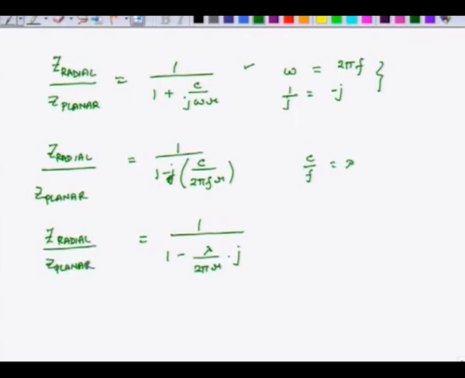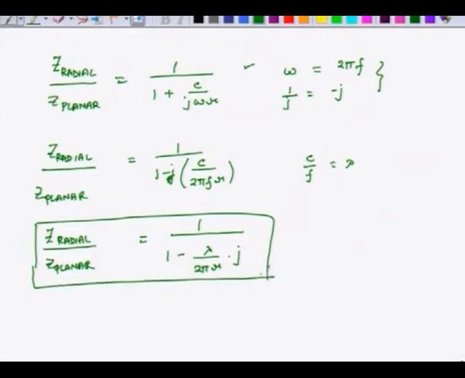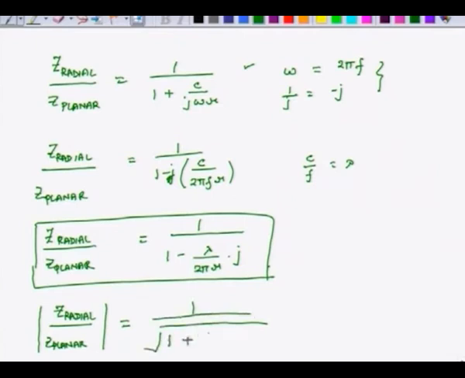And if I have to compute the magnitude of this ratio, that is the ratio of impedance of a radial wave and that of a planar wave, then the magnitude of z radial divided by z planar is equal to 1 over the square root of 1 plus lambda over 2 pi r, the whole thing squared.